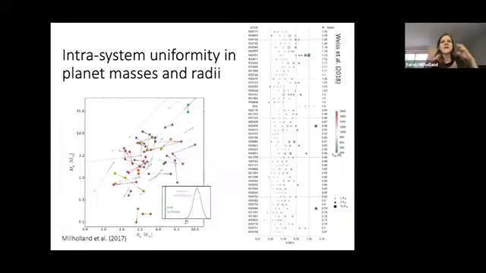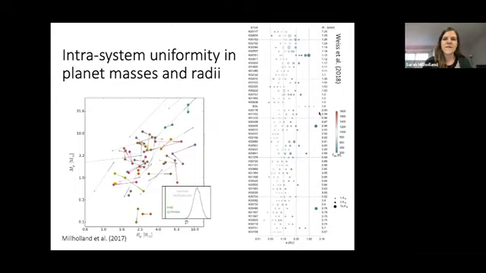This structure actually continues beyond the orbits, though, into the physical properties of the planets. That is, planets in the same system tend to have fairly similar masses and radii. And this intrasystem uniformity, or peas in a pod, as you could call it, was first pointed out by Weiss et al. in 2018, and then our paper from 2017.